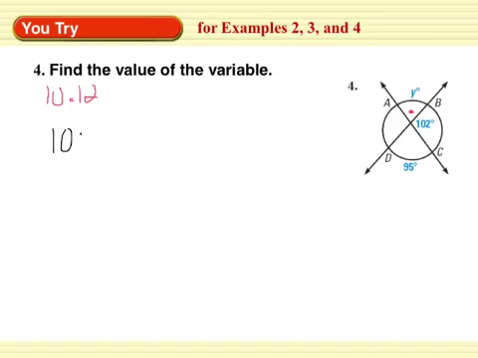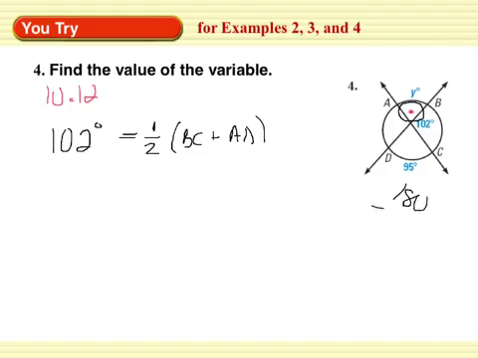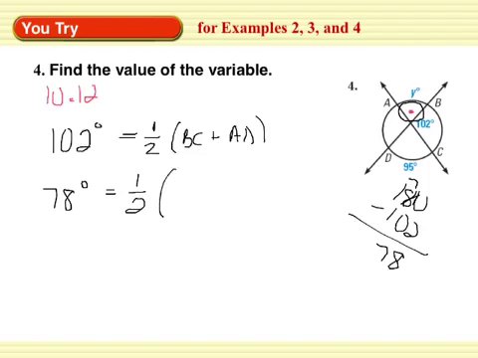The angle, the vertical angle, would be 1/2 BC plus AD, but we don't know BC or AD, do we? But we do know that red dot there. That red dot is 180 minus 102. So the red dot is 78. So we can say 78 degrees is 1/2 y degrees plus 95 degrees.